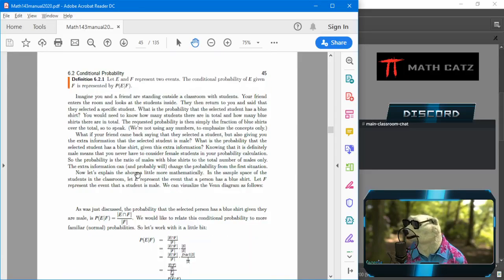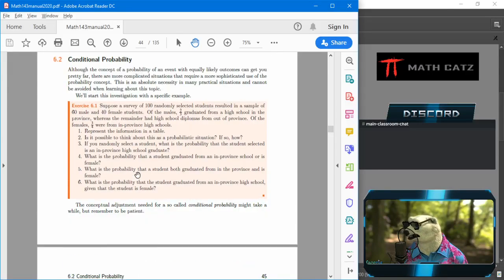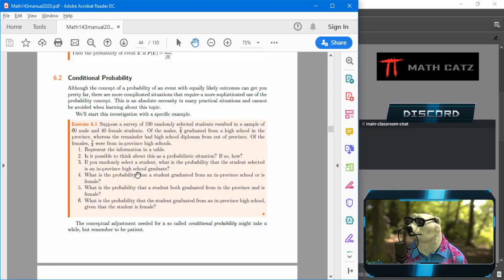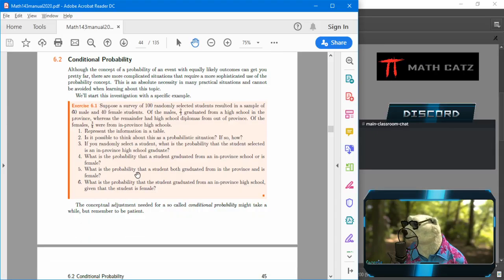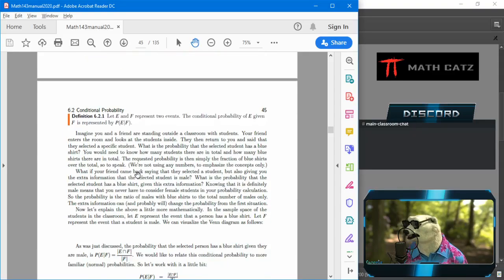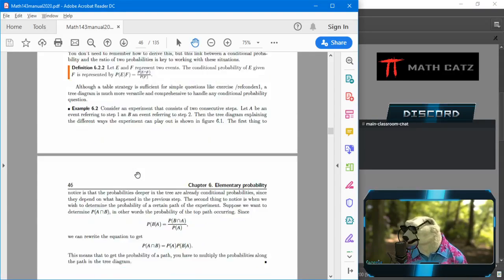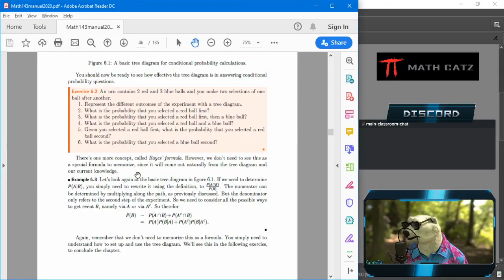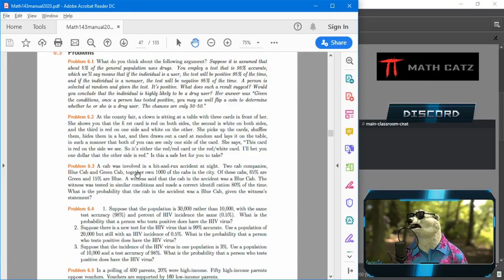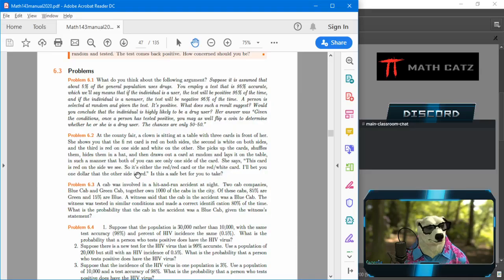Now, I don't want to forget the exercises. Even though I'm listing problems, it doesn't mean the exercises always came first. So an exercise like 6.2, I don't want to forget. But regardless, problems it is. Some are nicer than others, for sure.